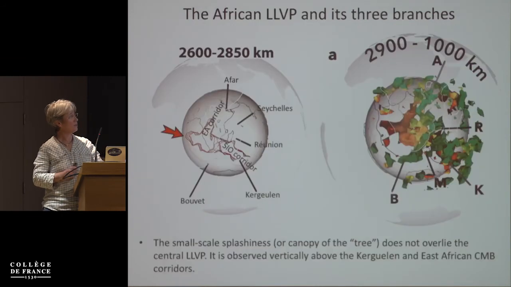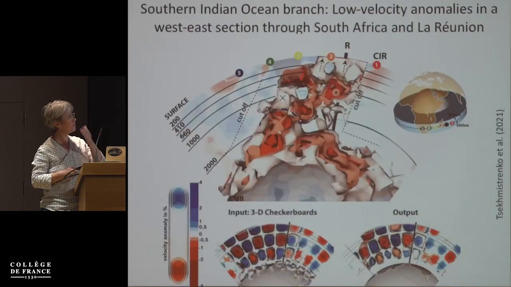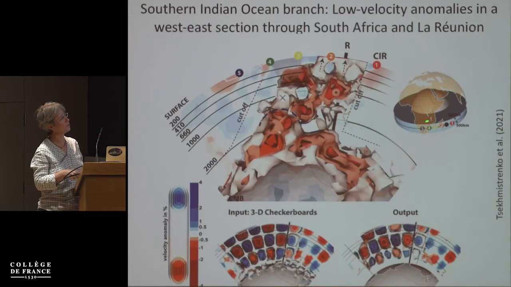Okay, so let's look at these 3 branches of that Mercedes star that all have this element. Here's the one under Reunion. So it's cutting like this, east-west, South Africa. Here we can see this cusping LLVP. This is the corridor on the CMB that runs into the Southern Ocean, Southern Indian Ocean.